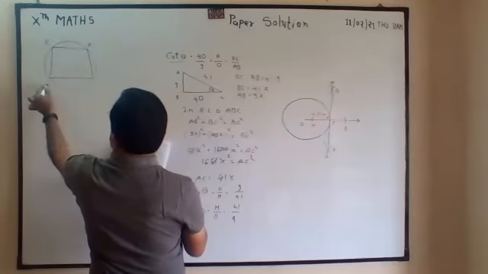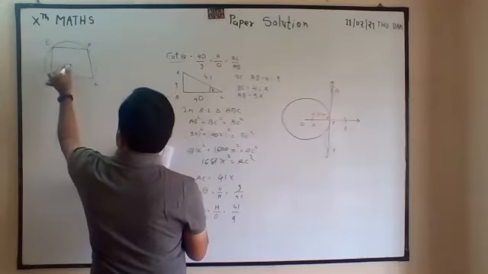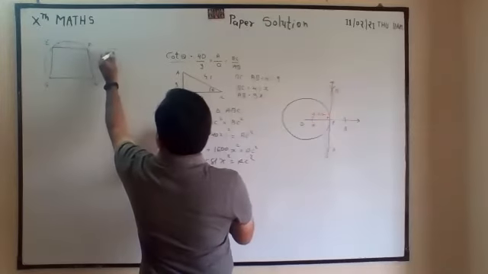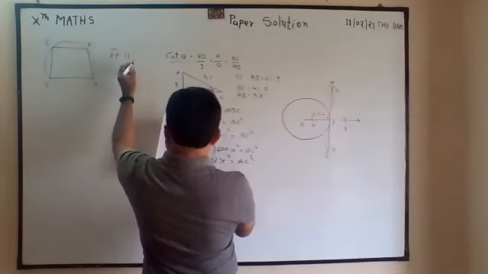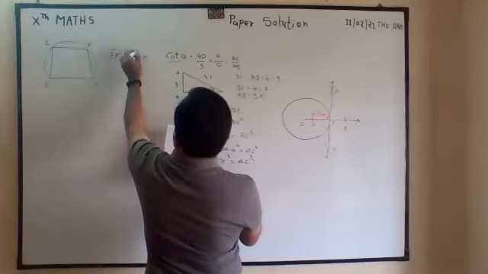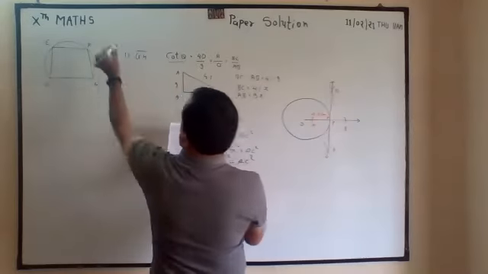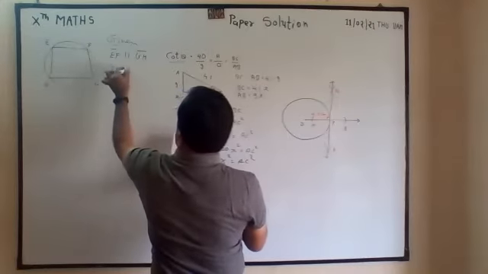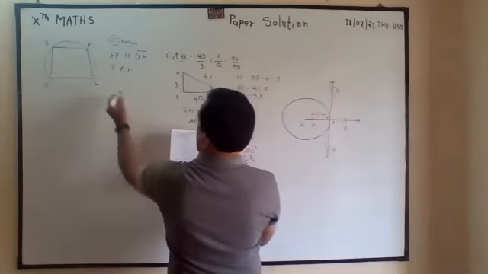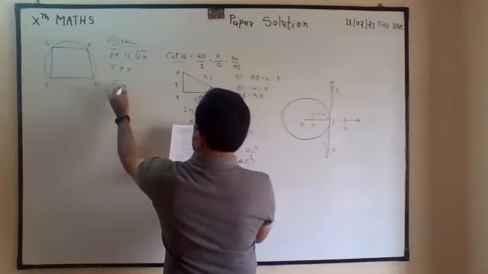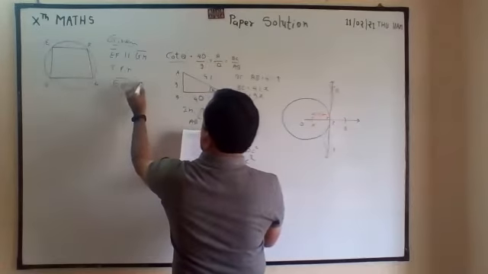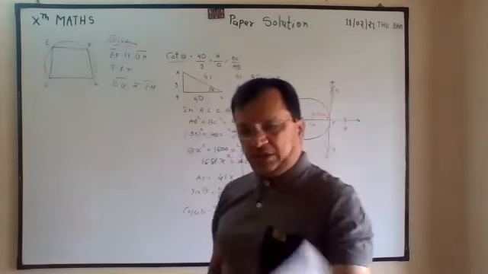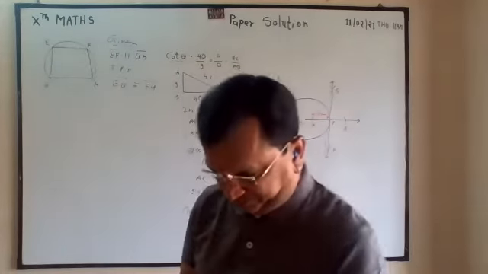EF, GH, it is given. EF parallel GH, given. To prove that EG congruent FH. Stepwise, very clearly.